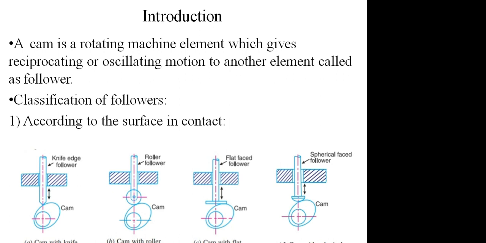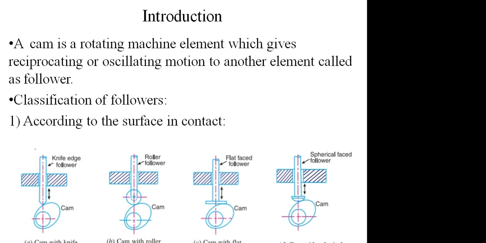It is also used in the machinery used for paper cutting. In textile machines also the cam and follower mechanism is used. So this is about the introduction of the cam.